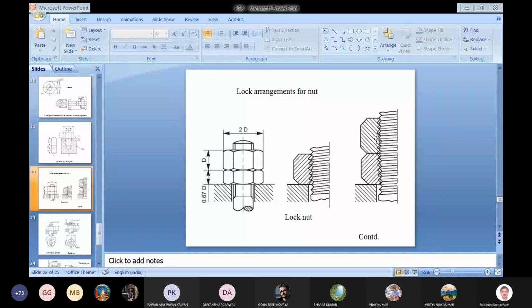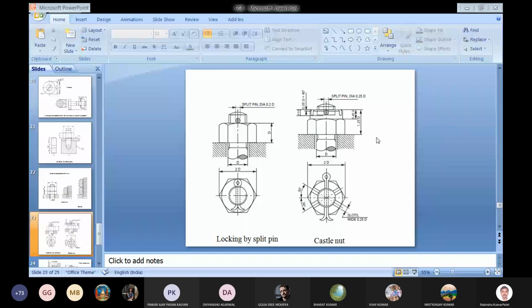There are various locking devices which are used. Here a pin can be used, so the nut will not go out of the bolt. The castle nut is used here, where there is a provision for putting the pin, so we cannot get the nut out of the assembly.